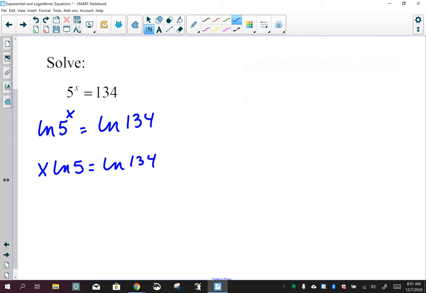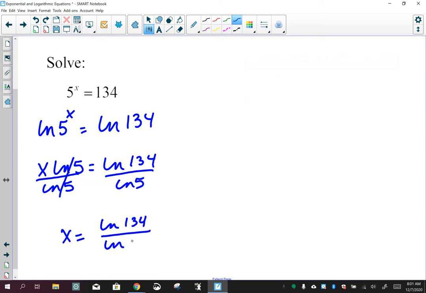So how do I get this x by itself? I'm going to divide both sides by the natural log of 5. And when I do that, I wind up with x is equal to the natural log of 134 over the natural log of 5. And that is my final answer.